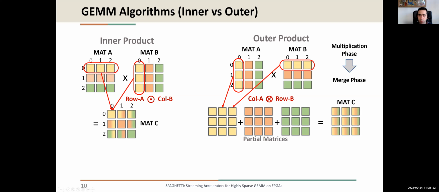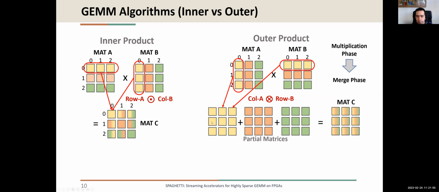So in outer product, we take one column from the left matrix and one row from the right matrix, and we do an outer product instead of a dot product. And the output of the outer product between two vectors is a matrix. We call it a partial matrix. So we have three pairs of columns and rows, and every pair gives us a partial matrix.